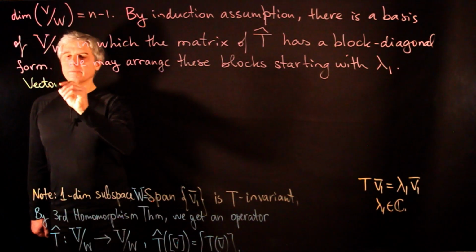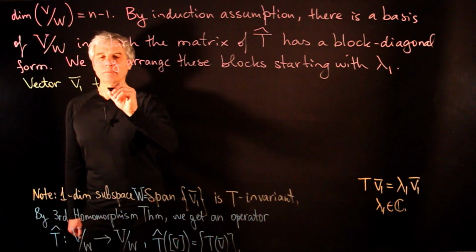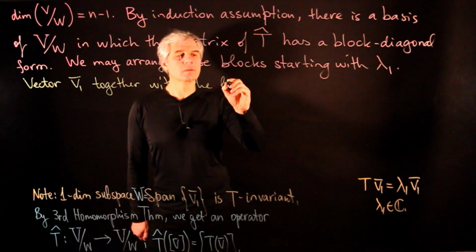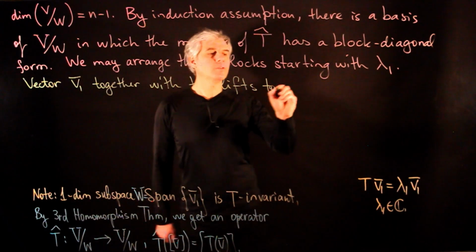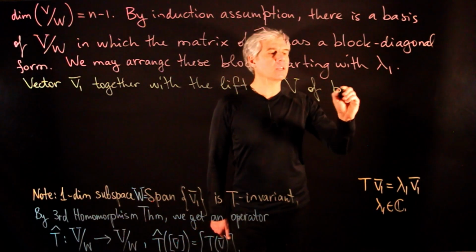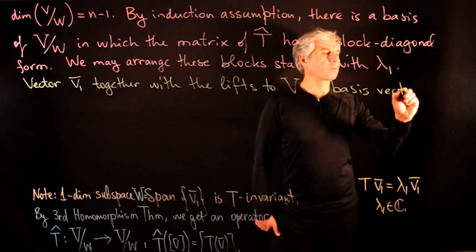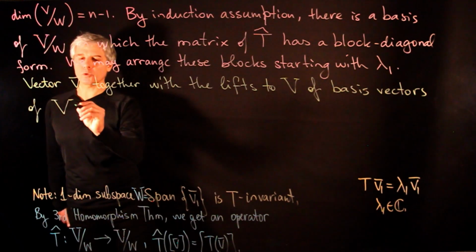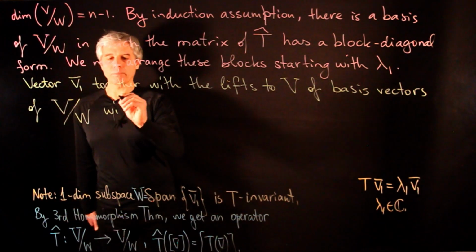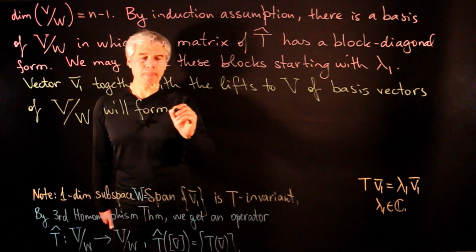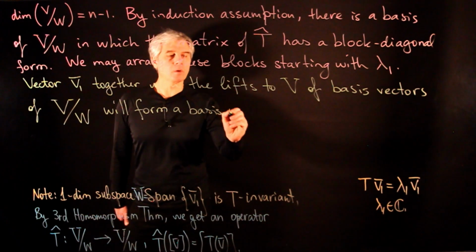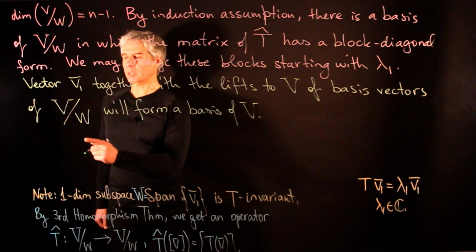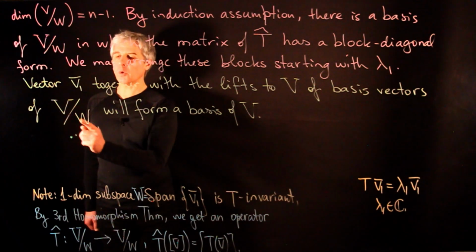Vector v1 together with the lifts to V of basis vectors of the quotient space V by W will form a basis of V. This follows from our result on the relation between the basis of V and the basis of the quotient space.